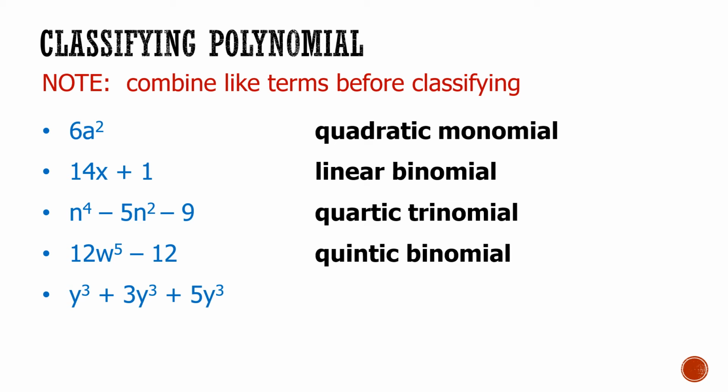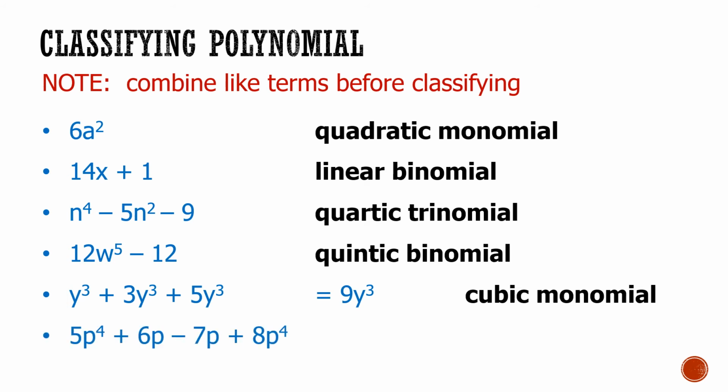Take the 1, the 3, the 5, add them up, you would actually get 9y cubed, which makes this a cubic monomial. And then finally, 5p to the fourth plus 6p minus 7p plus 8p to the fourth, when you combine like terms, gives you 13p to the fourth minus p, which is a quartic binomial.